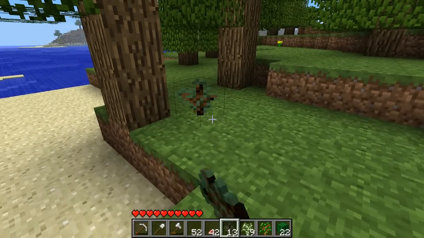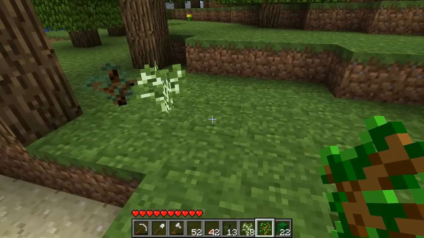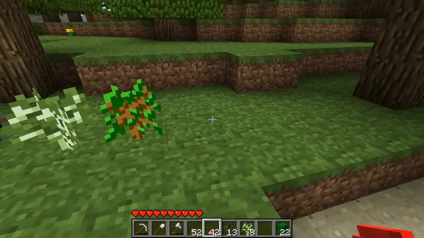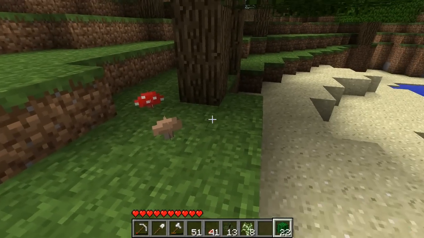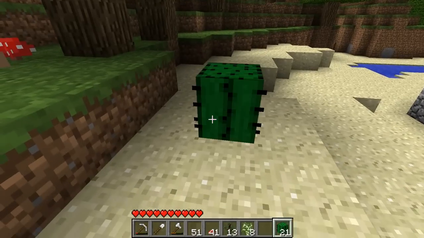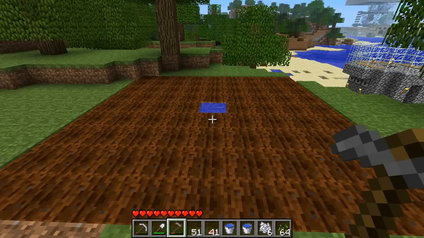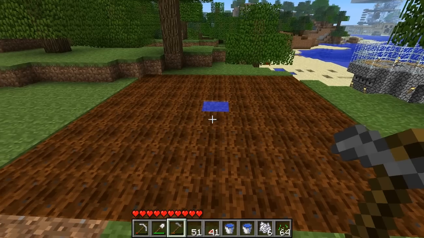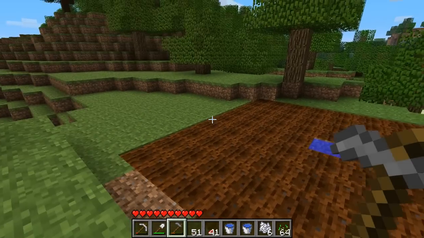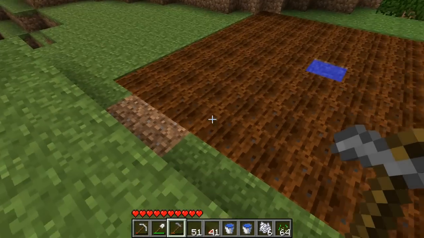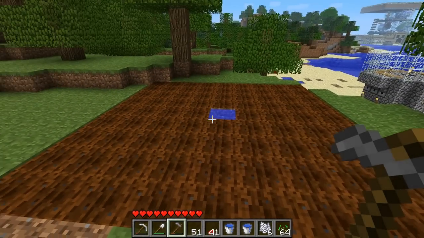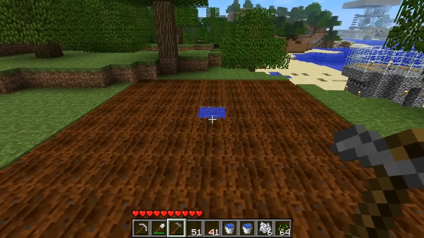Water is not required to make saplings grow, nor is it required to make mushrooms spread, and you don't need it to grow cactus either. One water source block or stream can hydrate tilled soil 4 blocks in all directions in a square pattern, making this a 9 by 9 watered section.